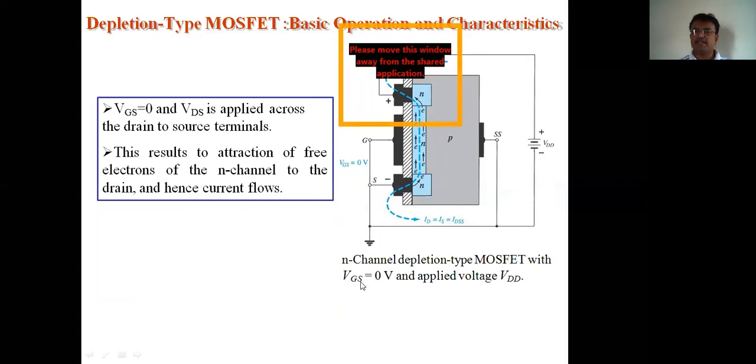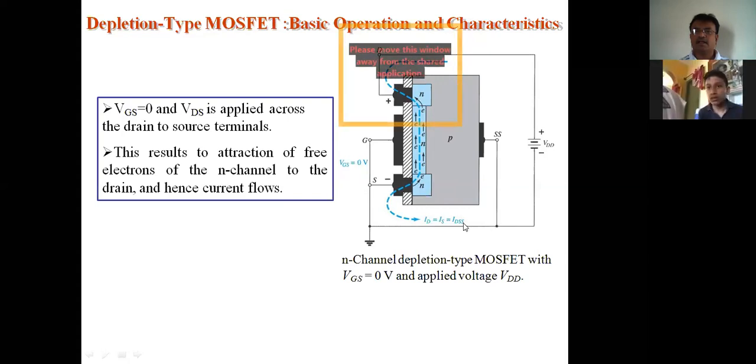Initially, we will apply VGS equal to 0, just similar to the JFET operation. Here is the source, here is the gate, nothing is applied, short circuit. So VGS is equal to 0 volts, connected to ground. As I said earlier, the substrate terminal is always internally shorted to the N channel.